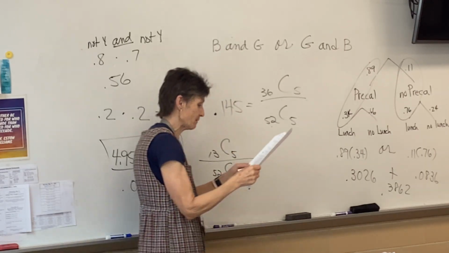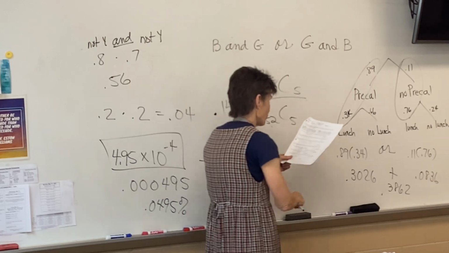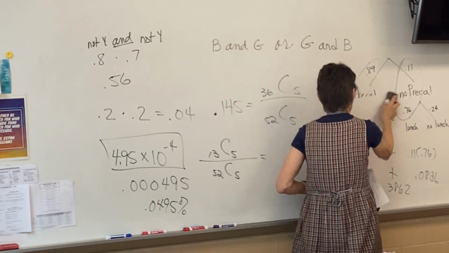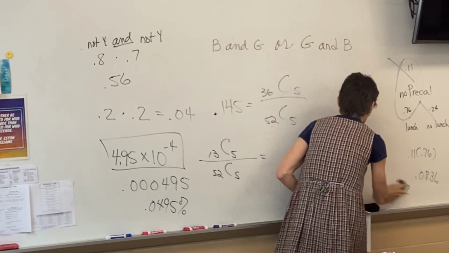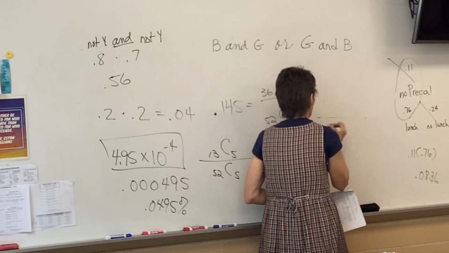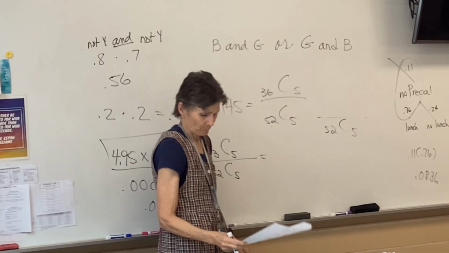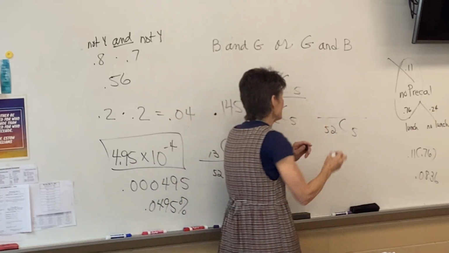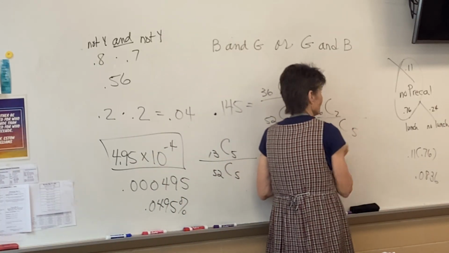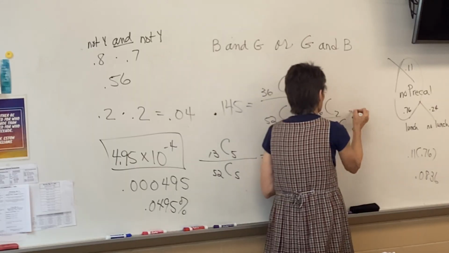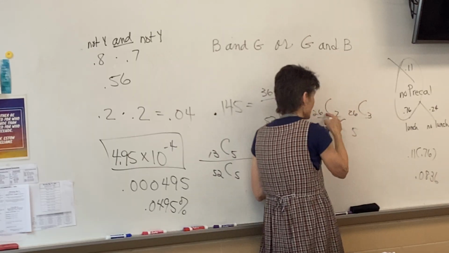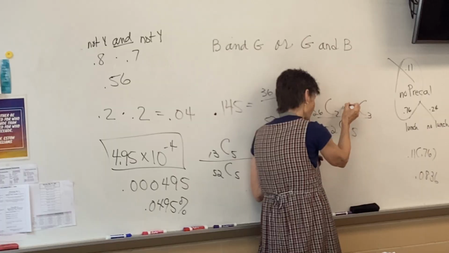Last one, I can't believe it. 2 reds and 3 blacks. Denominator 52C5. What's the numerator? 26C2 times 26C3, and these 2 are multiplied.